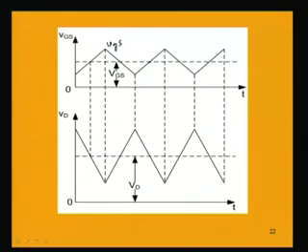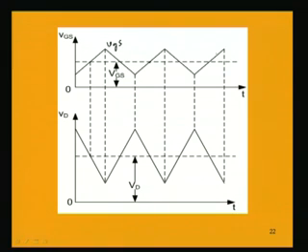Corresponding to that input voltage, what will be the voltage at the drain end? The instantaneous voltage at the drain, which is small v capital D. As shown here, it is 180 degree out of phase. When the peak of the gate to source voltage is appearing, the corresponding drain voltage will have the negative peak.